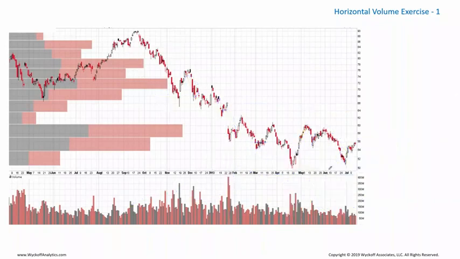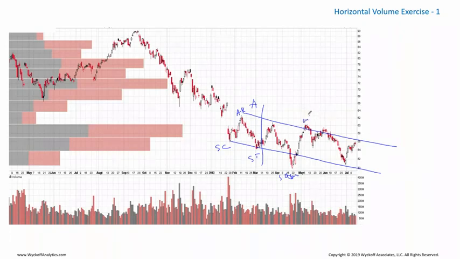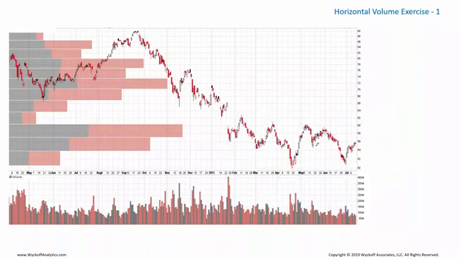So yes, accumulation. We probably would be labeling it as a downsloping range: phase A, selling climax, automatic reaction, secondary test, sign of weakness in B, minus sign of strength in B, phase C, last point of support, and then probably we're in phase D. Okay, so now that we know the bias is to the upside, we want to understand what kind of movement we're going to have to the upside.